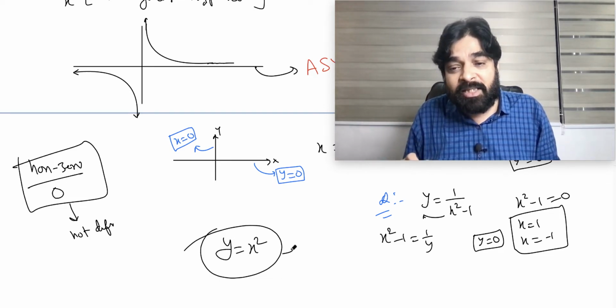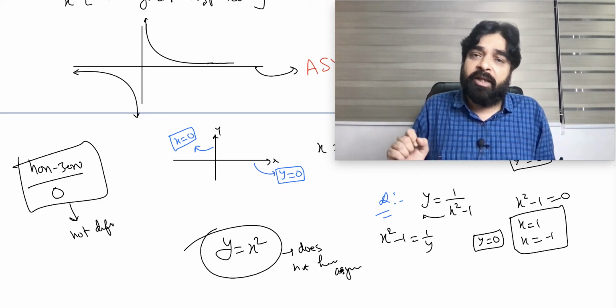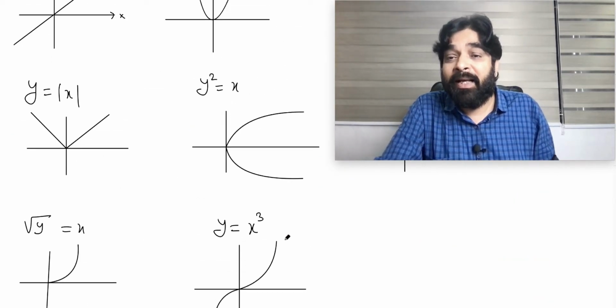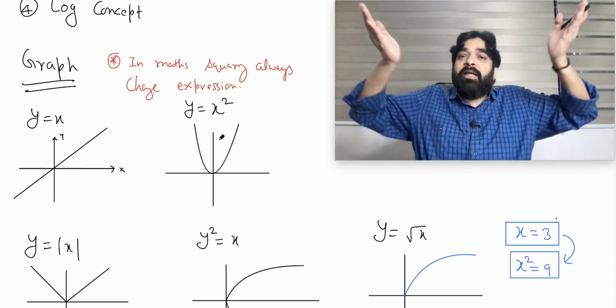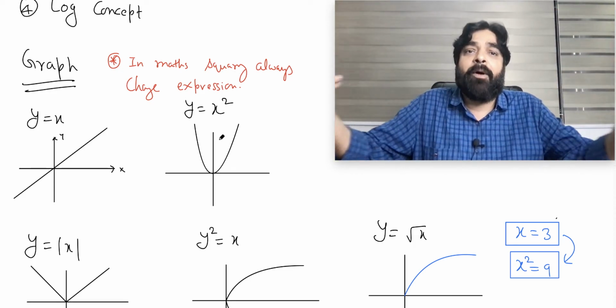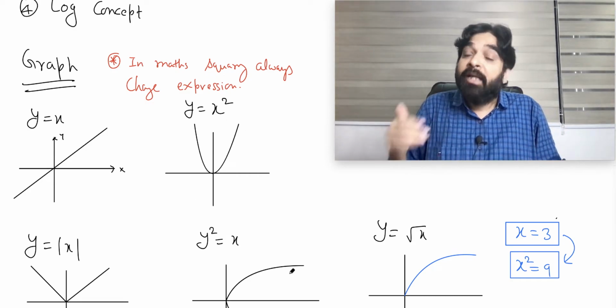So this does not have asymptotes. The graph of y equals x square simply goes like this and never tries to overlap a line.